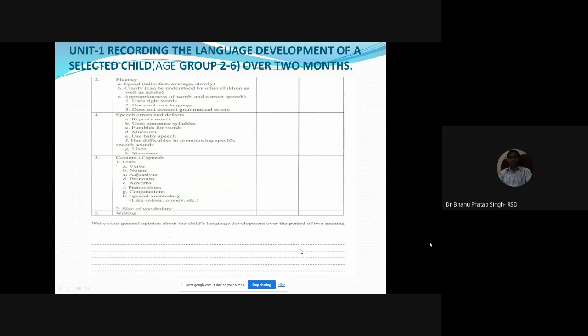Whatever you have observed over a period of 2 months, write there with your suggestions and your feedback. So this is about the first activity, recording of the language development of a selected child over 2 months.